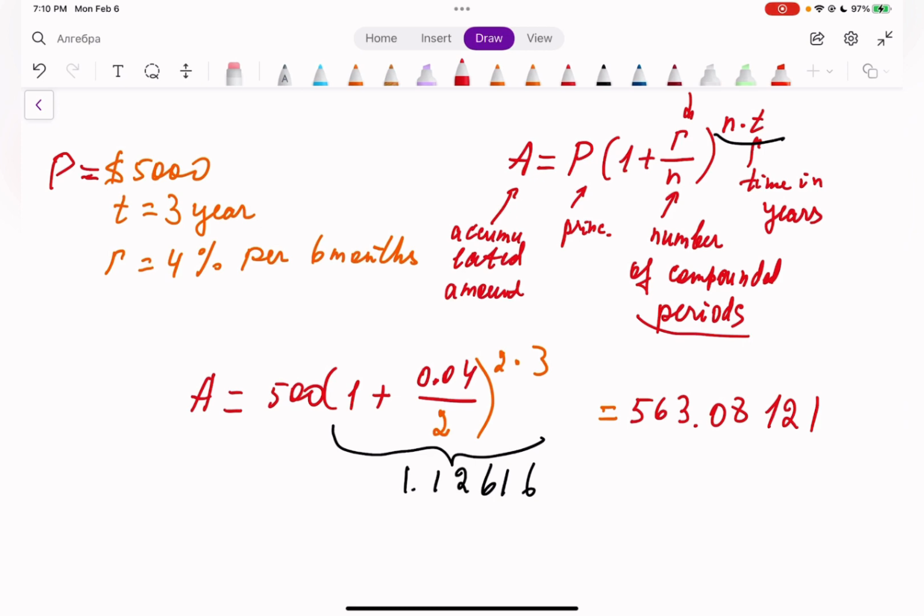In 3 years in my account, I put $5,000 and I'm getting 563. How is it possible? Something is wrong. 5,000.